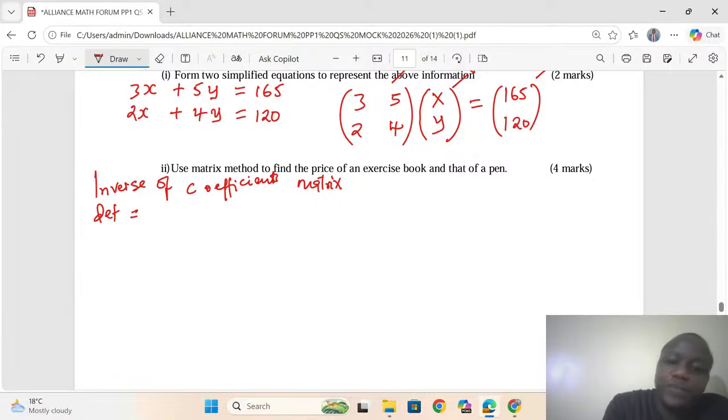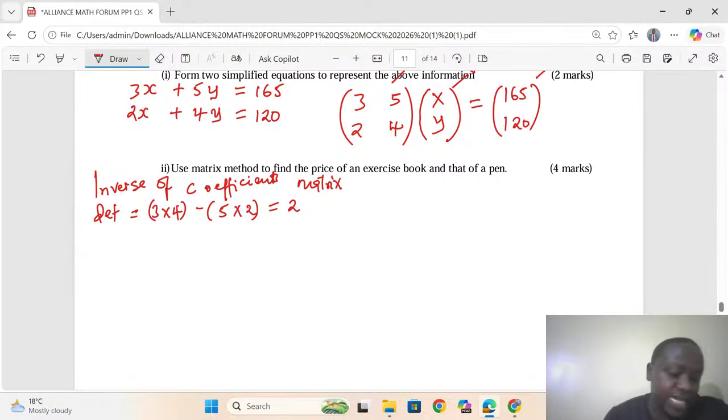What is the determinant? Product of elements in the main diagonal, 3 by 4, minus product of elements in the other diagonal, 5 by 2. This is 12 minus 10, which is 2.